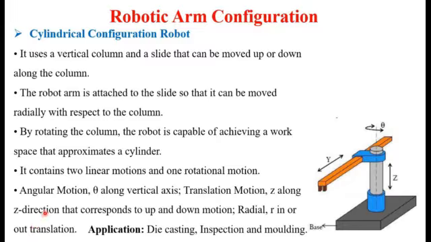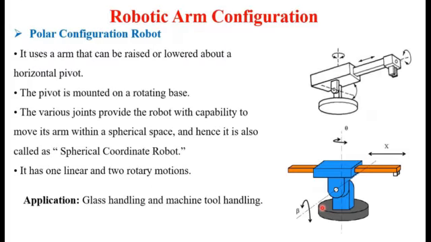Here we see the angular motion theta along the vertical axis, then translation motion along the z axis, and radial direction R. An application of this type of robot configuration is die casting, inspection and molding applications.